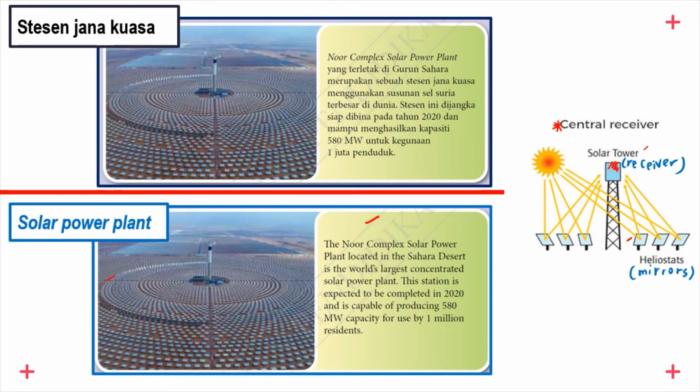Heliostats are devices that consist of mirrors, usually plane mirrors. These heliostats can be individually controlled and moved in order to face the sun, and they keep reflecting sunlight directed towards the central receiver.